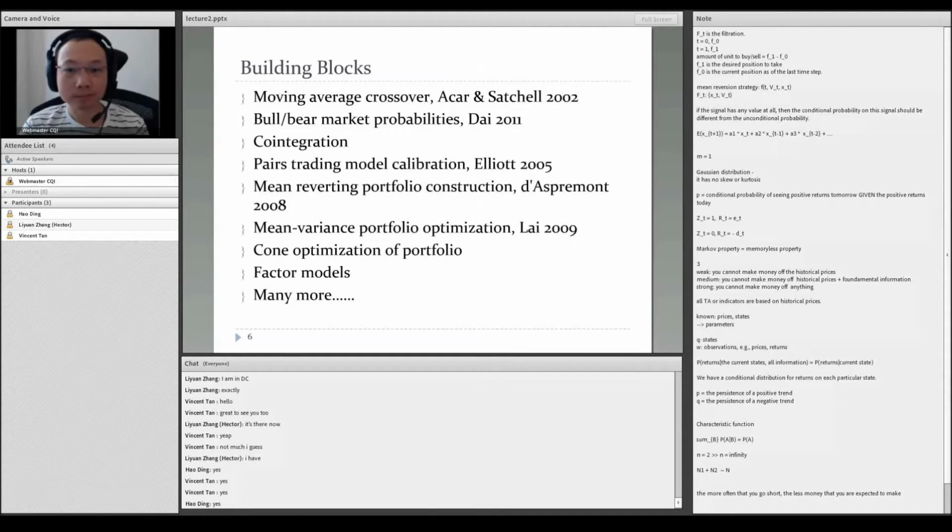For example, if you're building a mean reverting strategy, what goes into mean reverting strategies? Let's type it here. For a mean reverting strategy, what do you need? You need to have a basket that is mean reverting, and then you need to have some way to check whether the basket is indeed mean reverting.